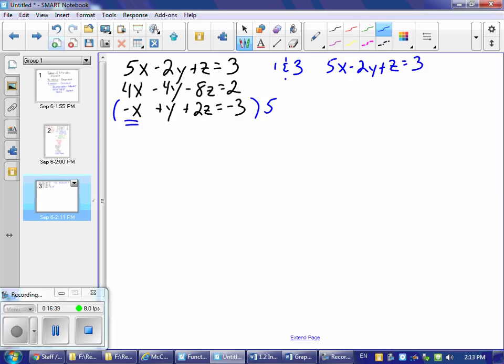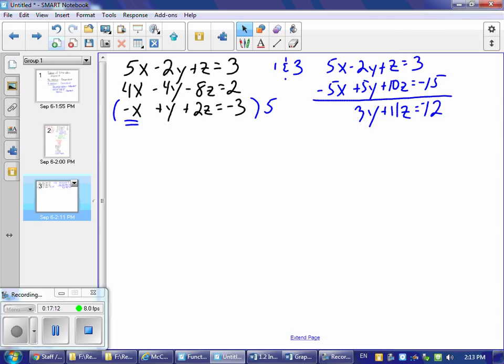Then I multiply the entire bottom equation by 5, giving me -5x plus 5y plus 10z equals -15. Now let's add those up. 5x minus 5x is 0. That's what we were looking for. -2y and 5y is 3y. z plus 10z is 11z. And 3 and -15 is -12. So there's one equation with two more variables in it.